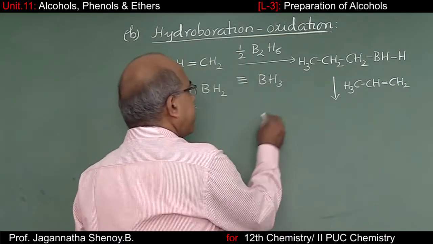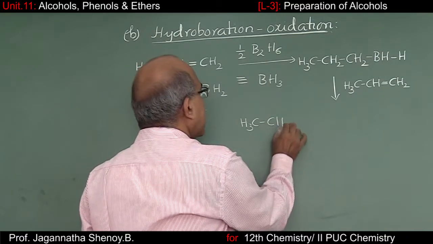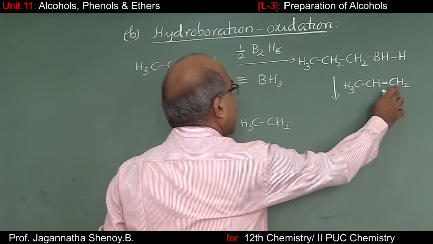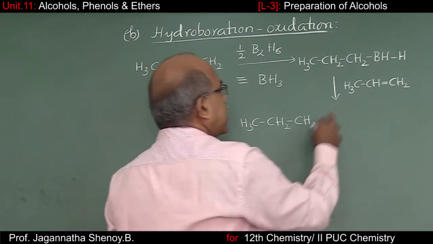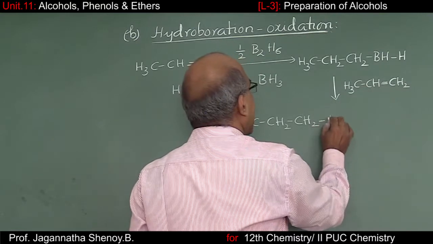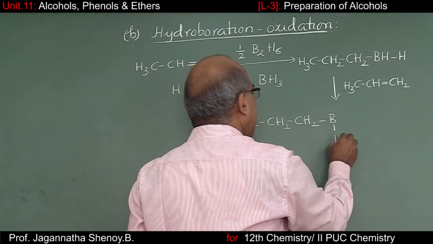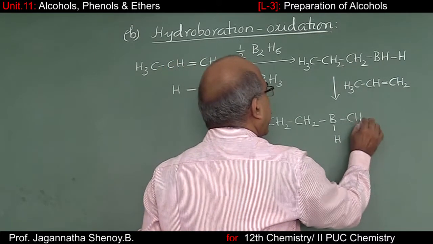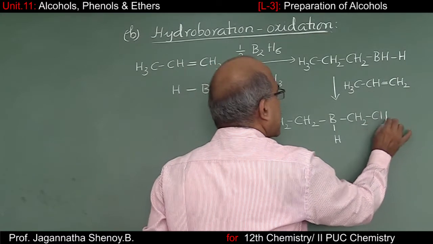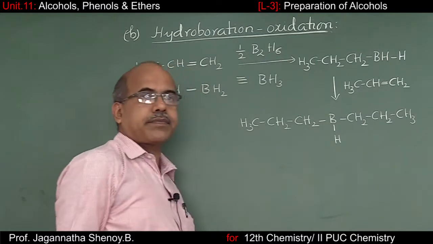Or in other words, if I represent that, I will get CH3, it becomes CH2, and this becomes CH2, and this CH2 gets attached to boron, and this boron will be left with single bond hydrogen, and on the other side what I have is CH2 CH2 CH3.